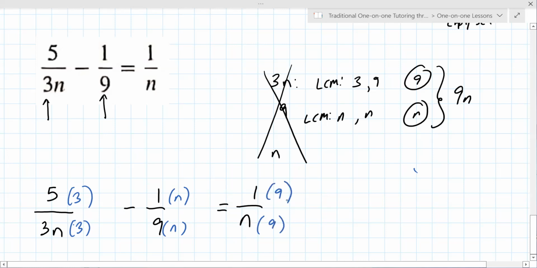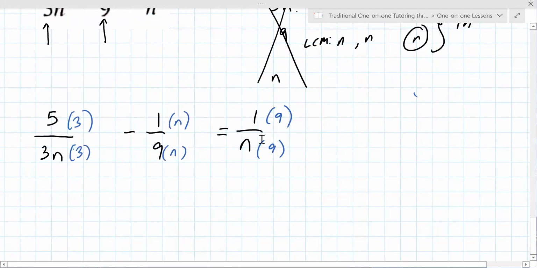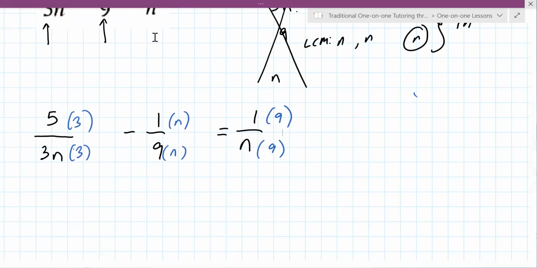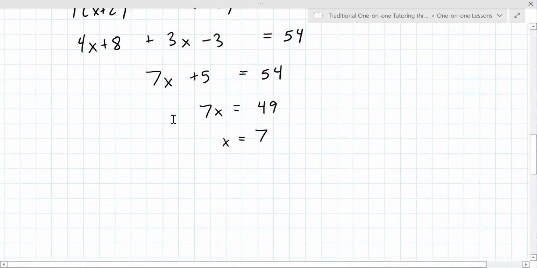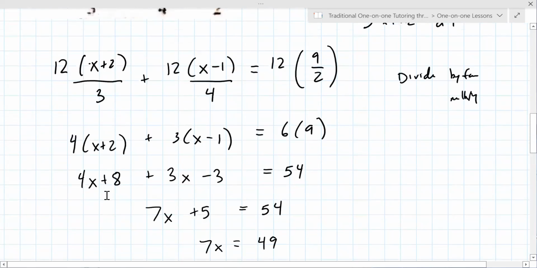I'm just giving you the approach that I like, that works really well for me. You may have seen something different in class. But this is kind of the standard approach. Notice it's different than the previous problems because you don't multiply the top and bottom by the same thing, whereas when we looked at the previous problem up here, you multiply everything by 12.